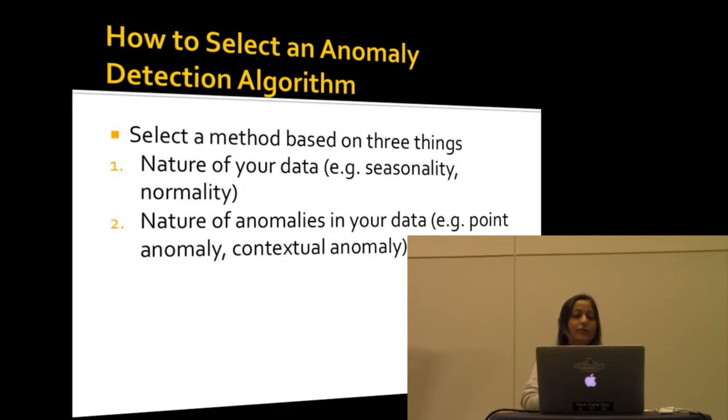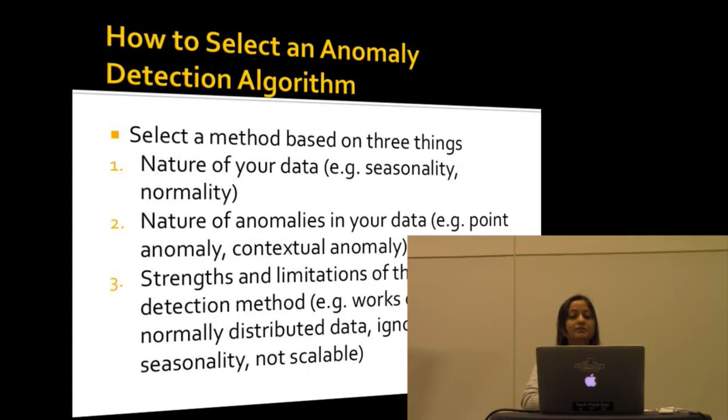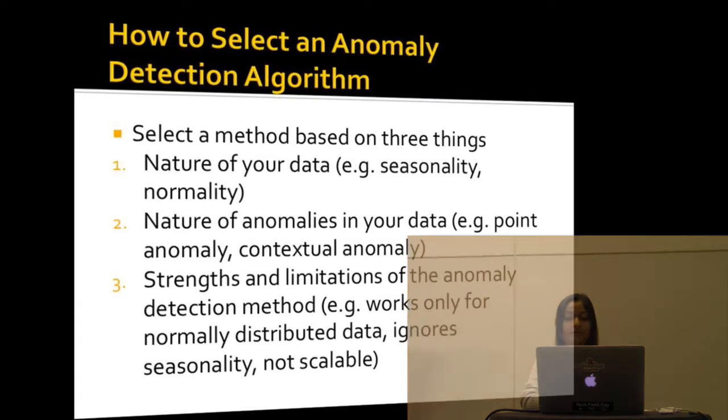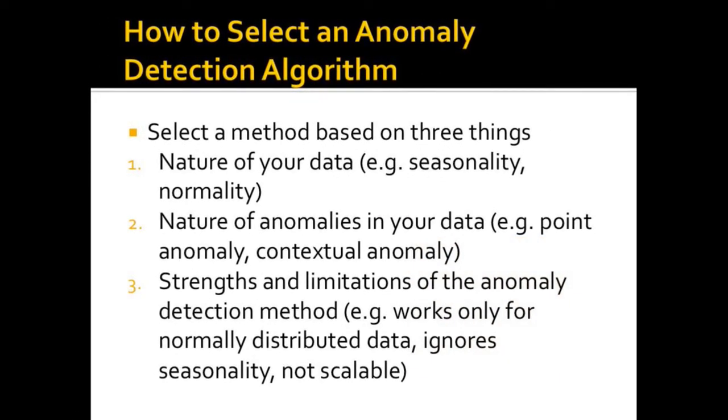And finally, you have to understand the strengths and limitations of the anomaly detection method. For example, your data might not be normally distributed, but the method requires that the data should be normally distributed. Or it might happen that your data shows seasonality, but the method ignores seasonality. And finally, it might be that you have found a method which works well for your data, but it's not scalable. So all these 3 factors are important to identify the best anomaly detection method for your data.